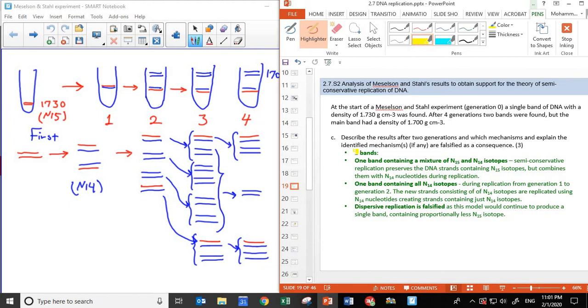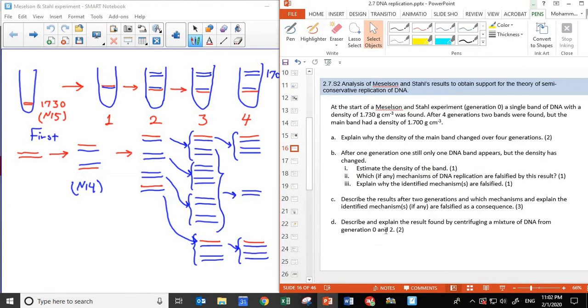Which mechanisms are falsified? The mechanism that can be explained over here is the semi-conservative mechanism, and the falsified theories, of course, are the conservative and also the dispersive.